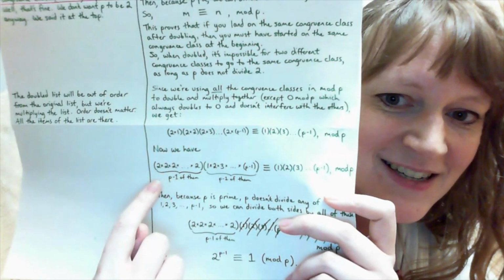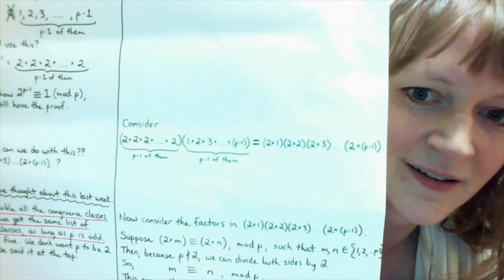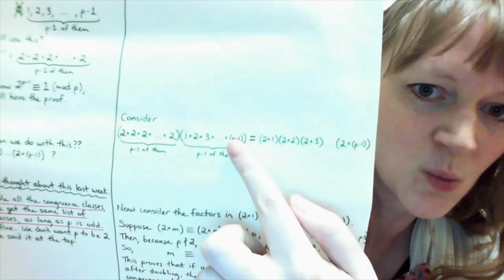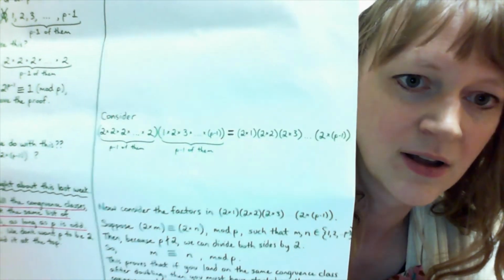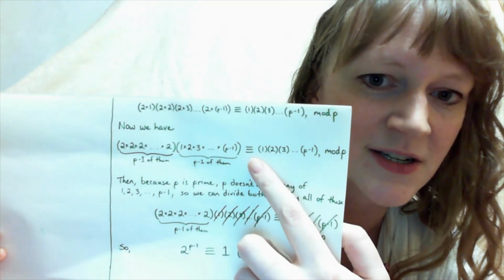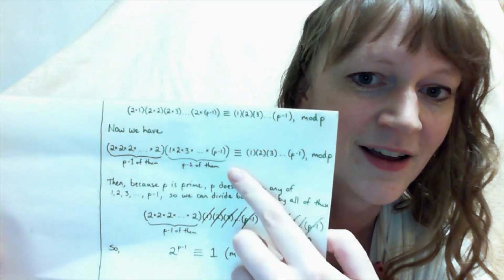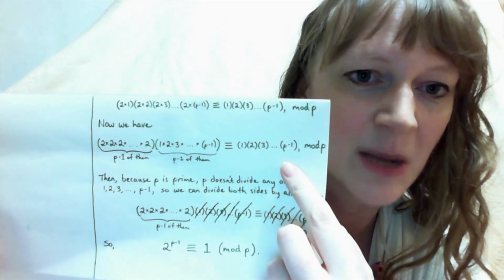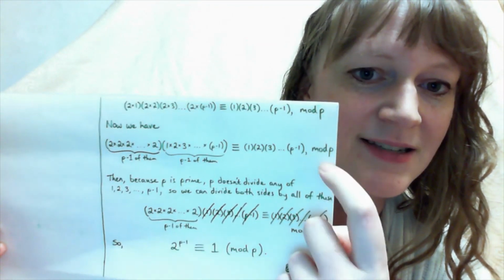Now this original thing that we set up here, since it was equal to all of the doubled congruence classes, then it is congruent to just the congruence classes in mod P.